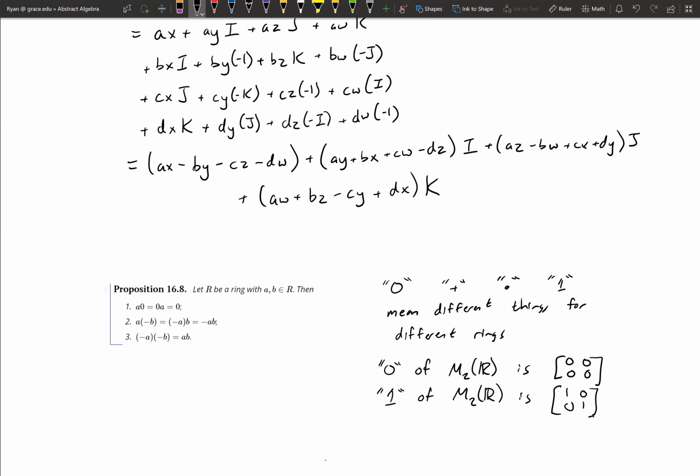Okay. So when we refer to the zero of the ring, what we mean is the identity under the addition operation. And by the 1, we mean the identity under the multiplication operation.